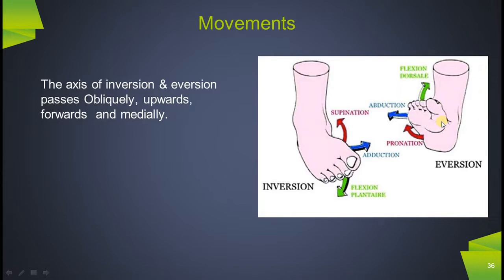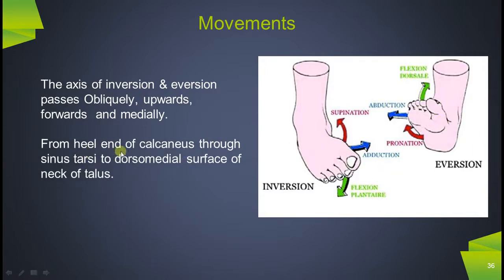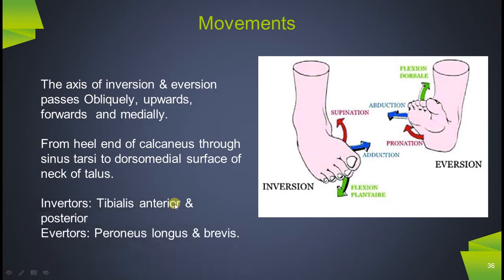When you join these two, you get the axis of this joint. From the calcaneus through the sinus tarsi to the talus, the axis passes upwards, forwards and medially. Inversion of the foot is mainly by the tibialis anterior and tibialis posterior.